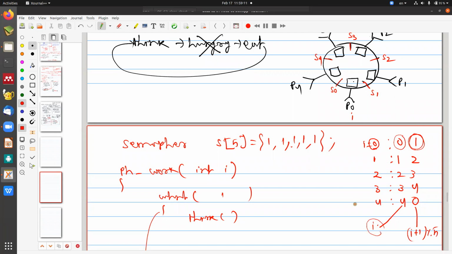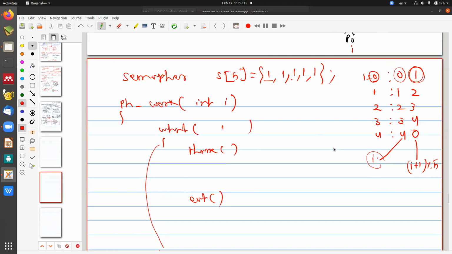Since I make each spoon a semaphore variable, I can say the ith process can eat provided the ith spoon and the (i plus 1) modulus 5 spoon are available. Correct or not? But what have you set, sir?